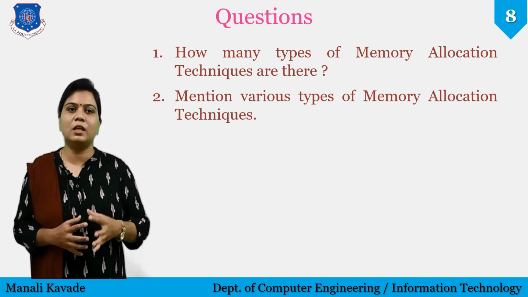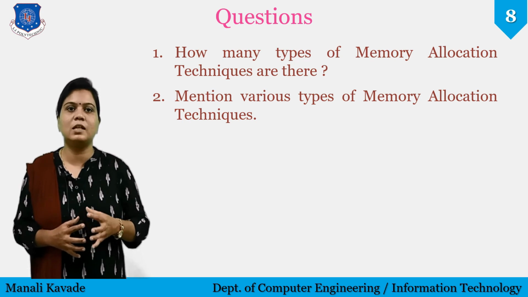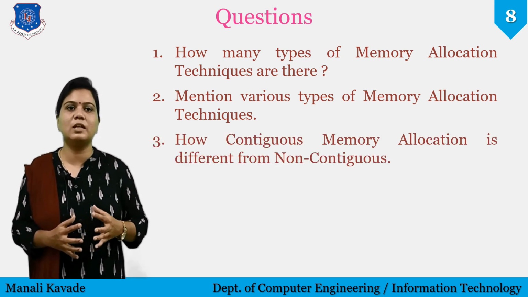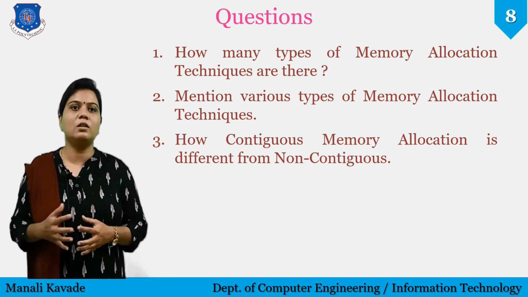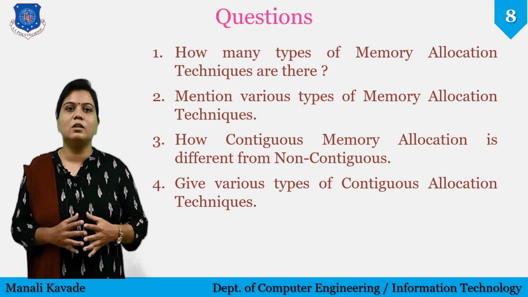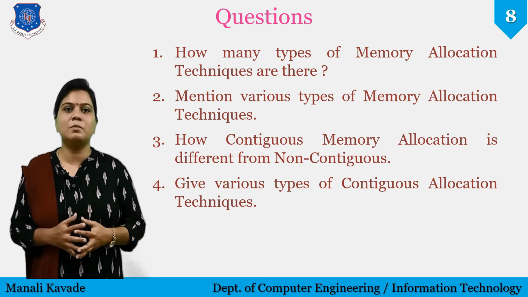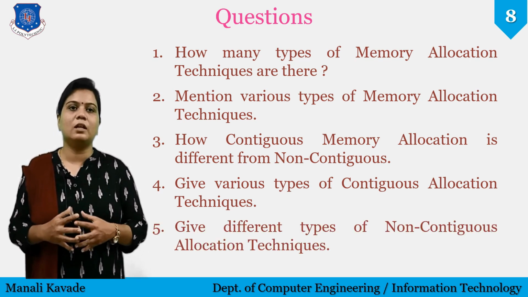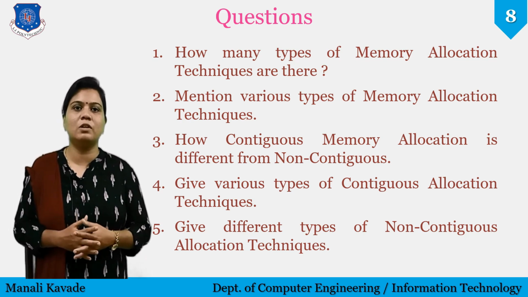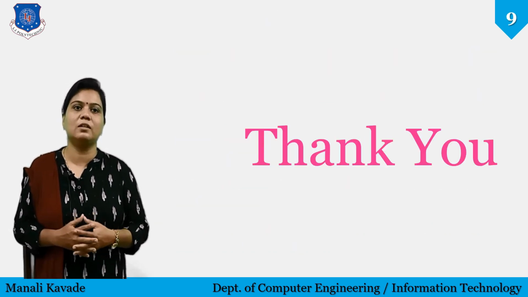You have to mention the name for the same. Third one is, how contiguous memory allocation is different from non-contiguous memory allocation. Next is, give different types of contiguous memory allocation technique. And the last one is, give different types of non-contiguous memory allocation technique.